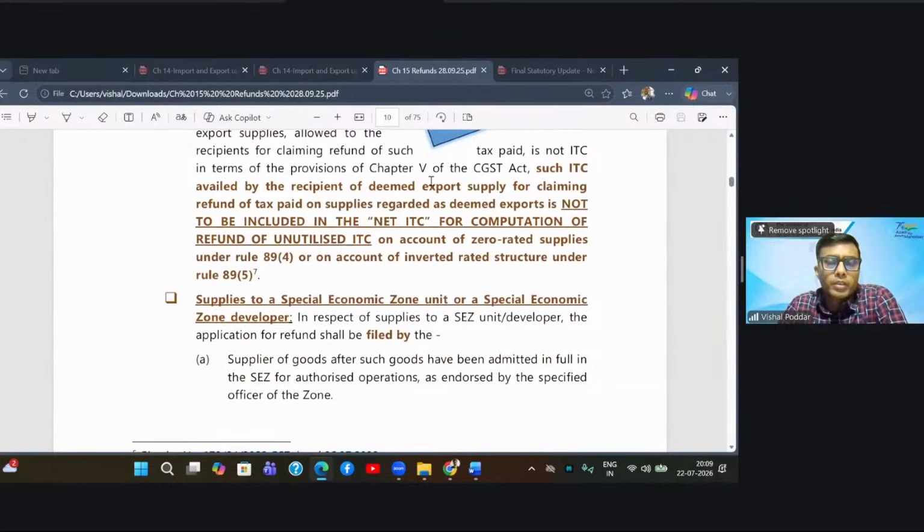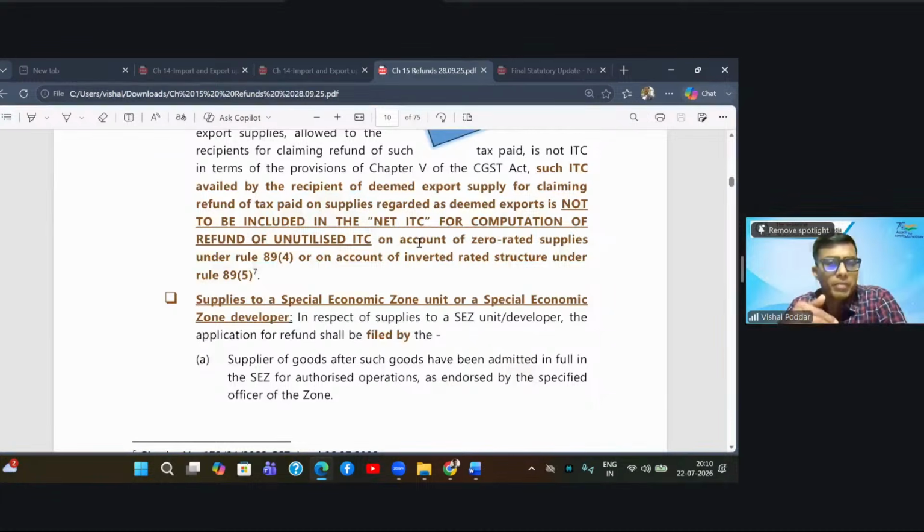Next, the question is that whatever is this ITC, which the recipient will be claiming as refund, whether it is to be covered in the net ITC, which is the working for computation of remaining refund. So it is clarified that such ITC, which is availed by the recipient of deemed export for claiming refund of tax paid on supplies regarded as deemed export, is not to be included in net ITC for computation of refund of unutilized ITC.